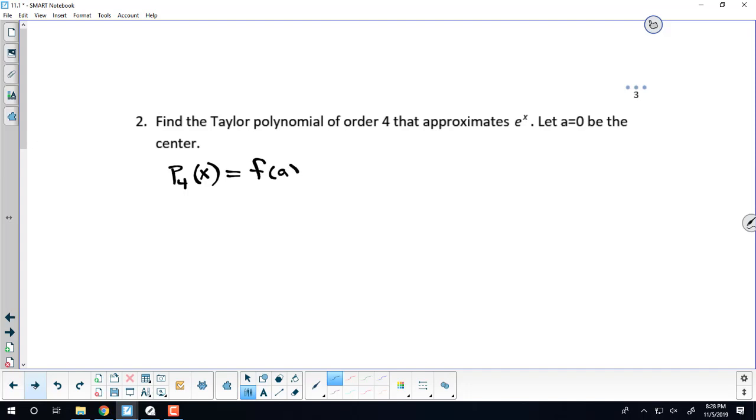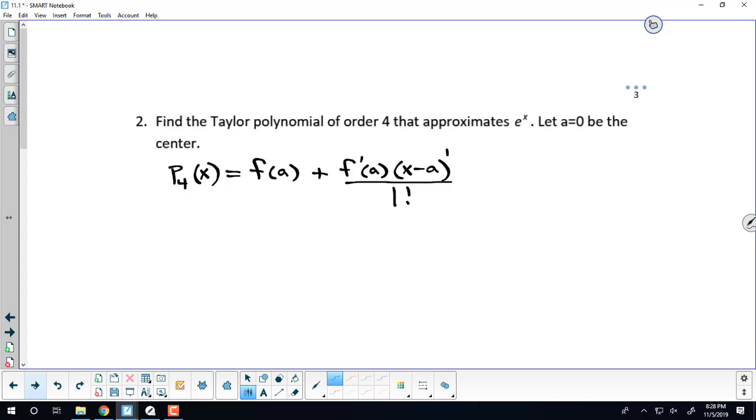We have f of a plus f prime of a times x minus a. Notice f prime of a times x minus a is actually hiding over 1 factorial, and x minus a is to the first power. Same thing with f of a. It's f of a times x minus a to the 0th power over 0 factorial.